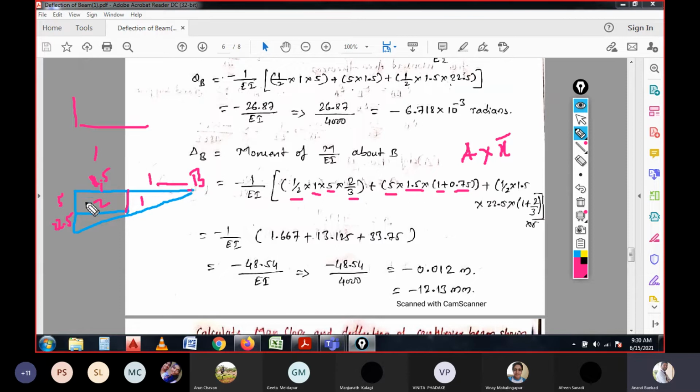Here just see this is a rectangle part. For this rectangle part, 5 into 1.5 is the area, and the CG, if you consider from B it is still 1, and from here it is 1.5 by 2, which is 0.75. So altogether it is written as 1 plus 0.75, which is 1.75.